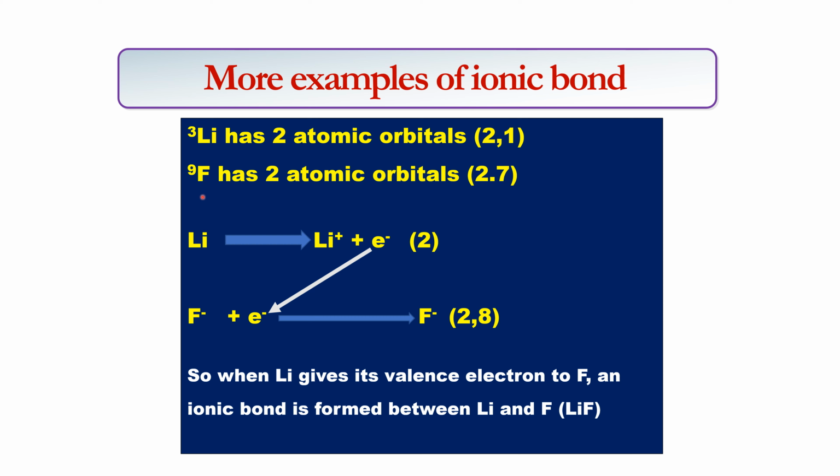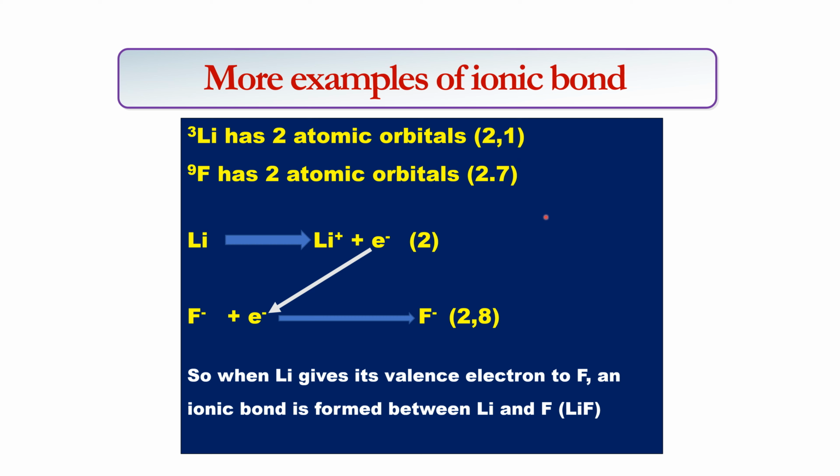Fluorine, with atomic number 9, also has 2 atomic orbitals. The first atomic orbital has 2 electrons, and the second has 7 electrons. Lithium requires 7 more electrons for the second shell that has 1 electron to be stable, while fluorine requires only 1 electron for the second shell to become stable.